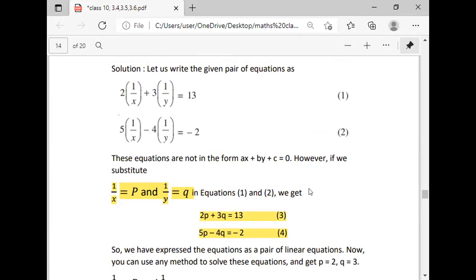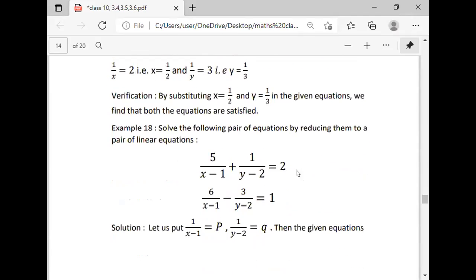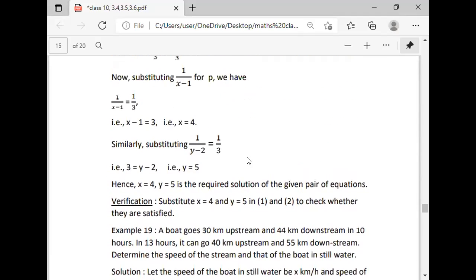So I think we have to do one more question here. Let us go. Example 19. A boat goes 30 kilometer upstream and 44 kilometer downstream in 10 hours.